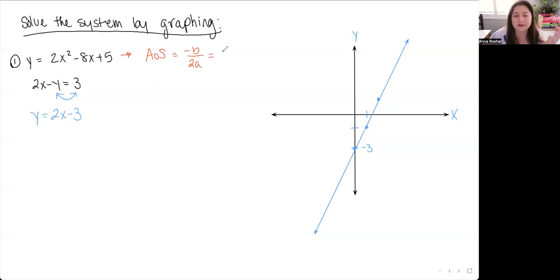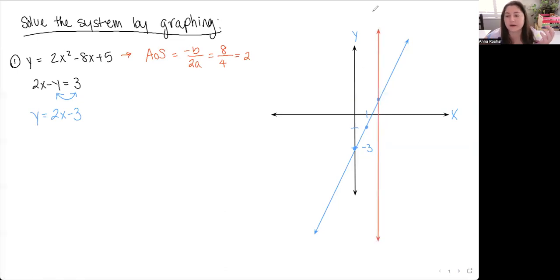So if my b is negative 8, we're going to put 8, and then 2 times a is 2, so 4, and that's going to be 2. So my axis of symmetry is going to be right down through here. Okay, so that's my axis of symmetry.